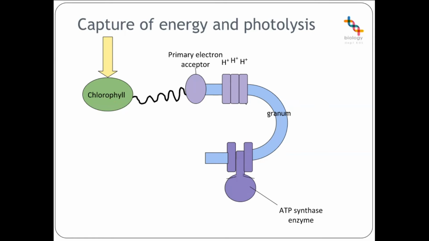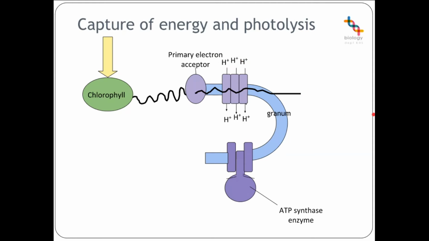That excites our electrons, and what's happening there is the excited electron is being carried into the membrane where it meets a primary electron acceptor. That primary electron acceptor then passes these high energy electrons along an electron transport chain, and that has the consequence of also pumping our hydrogen from outside the membrane to inside the membrane.